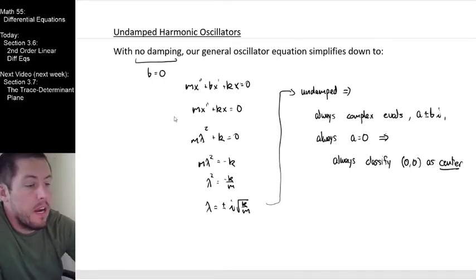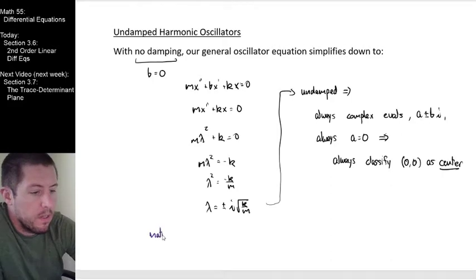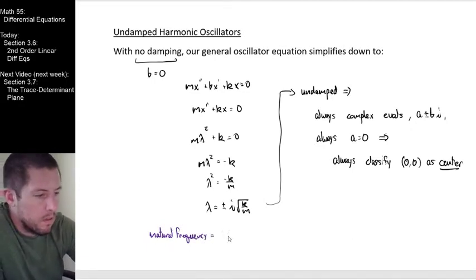In this case, we refer to this term as our natural frequency, omega, the square root of k over m.